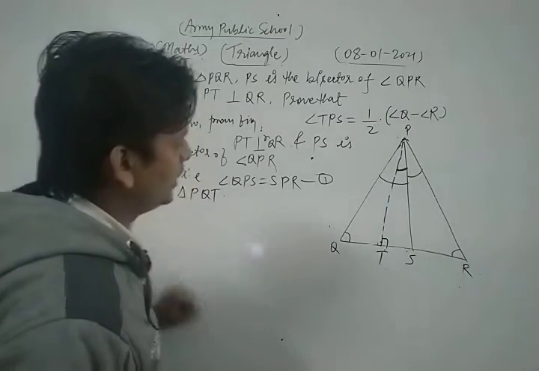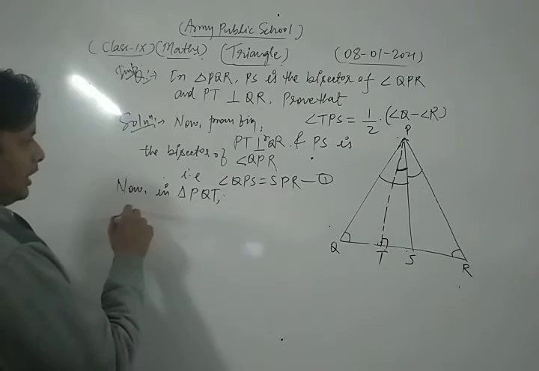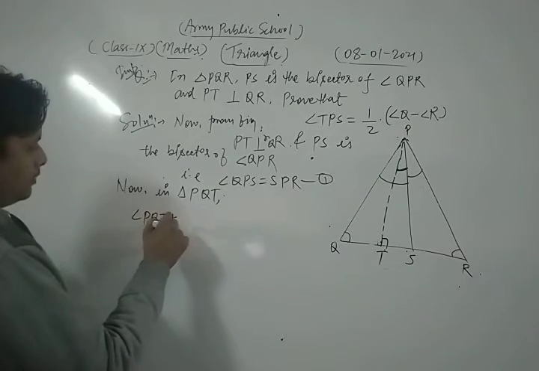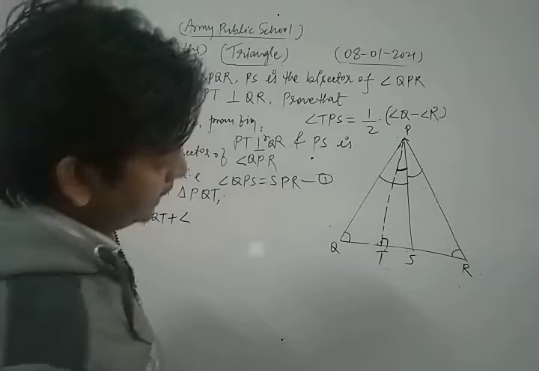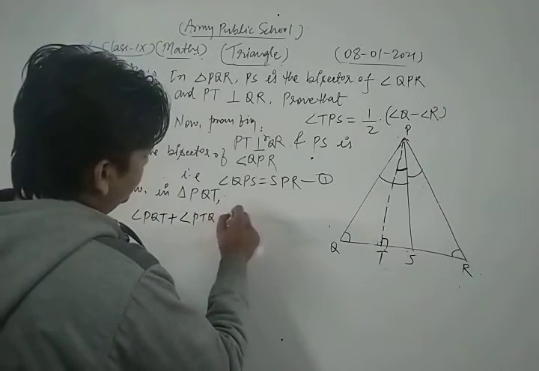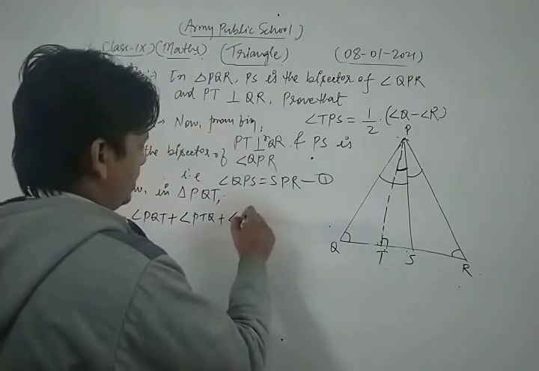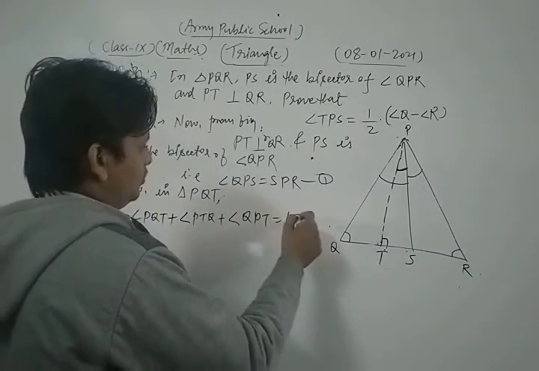So angle PQT plus angle PTQ plus angle QPT is equal to 180 degrees.